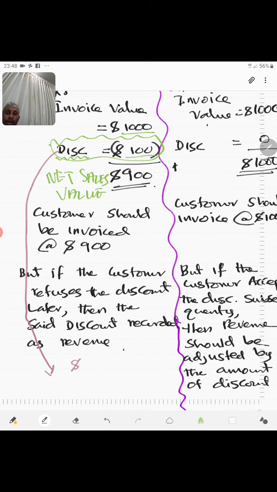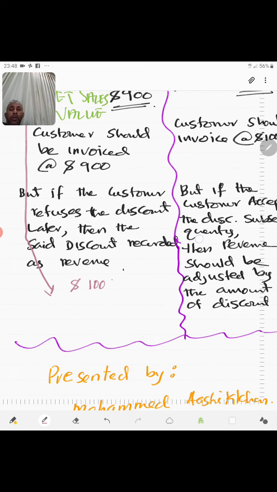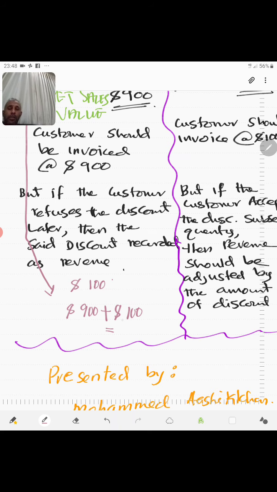So now you have to consider additional revenue of 100. Accordingly, the total revenue in this scenario will be 1000. How? Originally the invoice value was 900 and now subsequently 100, so the total reverts to $1,000.